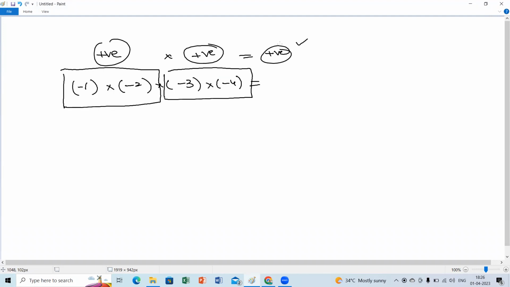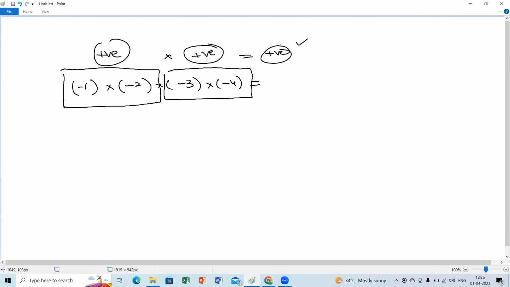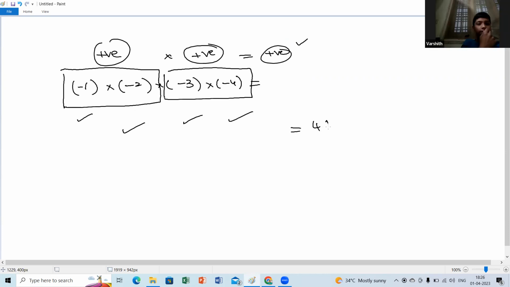Very good. Is there any general condition you observed in the previous case and this case, Varshit? Yes, ma'am. In this case, they are all like signs. Very good. What other thing did you observe? How many times did the negative sign occur here? 4 times.